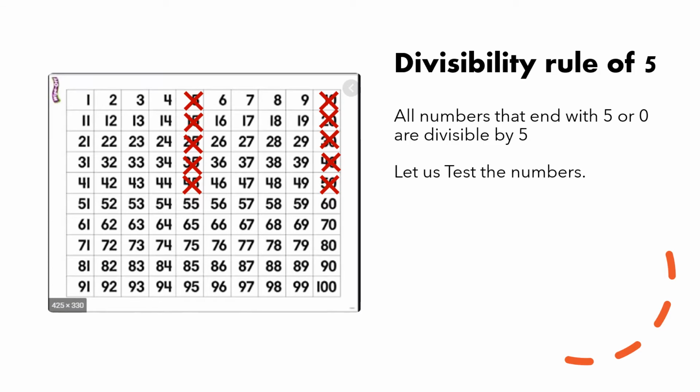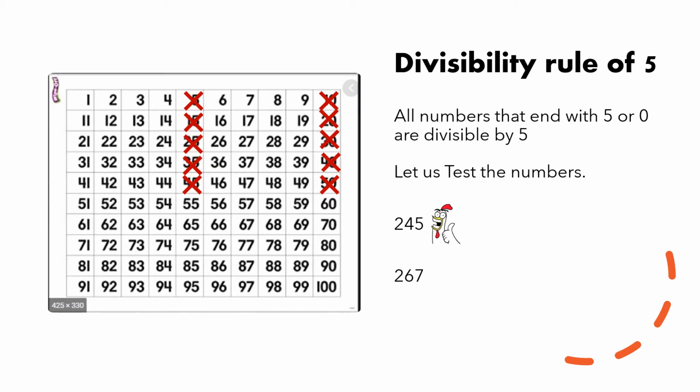Let us test with some bigger numbers. 245. Can you divide this by 5 and see if there is a remainder? No, there isn't. So 245 is divisible by 5. 267. Can you divide this by 5? Is there a remainder?